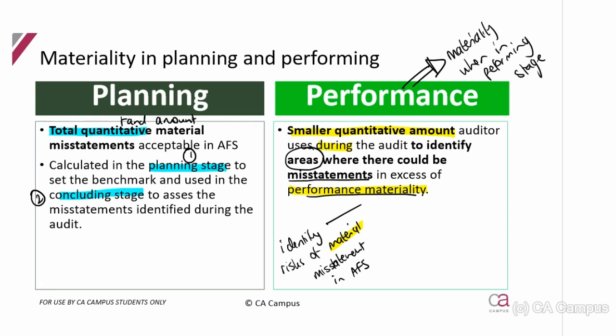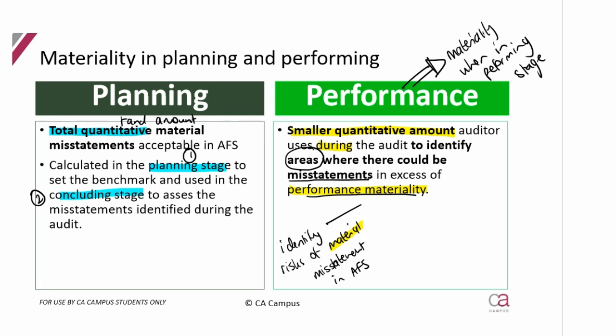But in our performing, we are going to be identifying risks of where there could be misstatements in excess of performance, because we want to pick up more areas of where there could be misstatements and more misstatements than just the maximum amount. So I use performance to identify the risks of material misstatements.